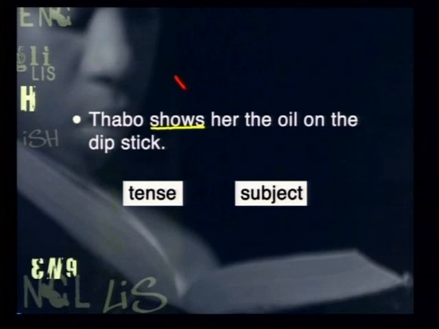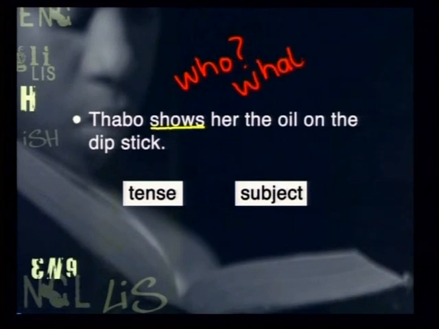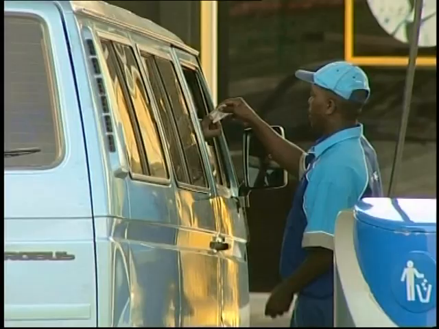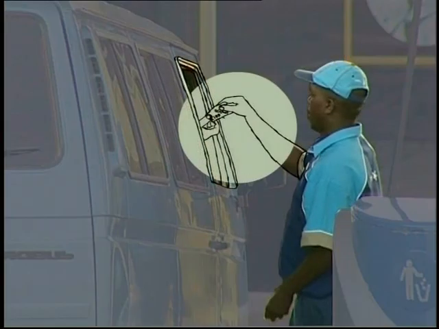So, who or what shows? The answer is Tabu. So shows is a finite verb because it has a subject and tense.